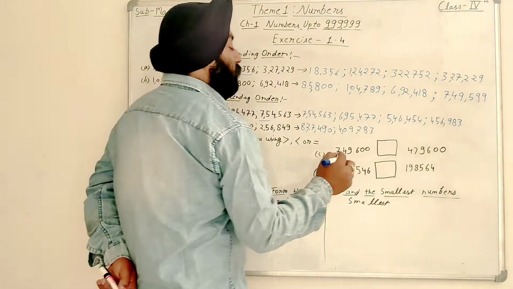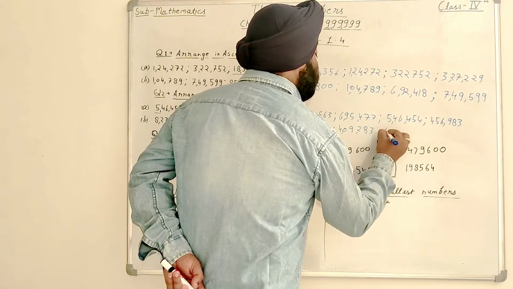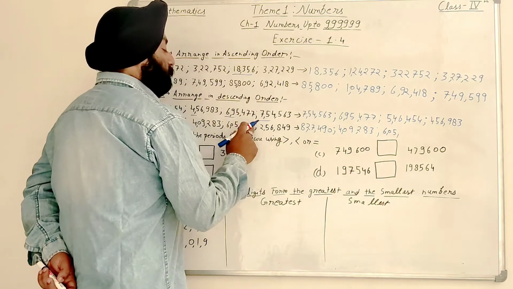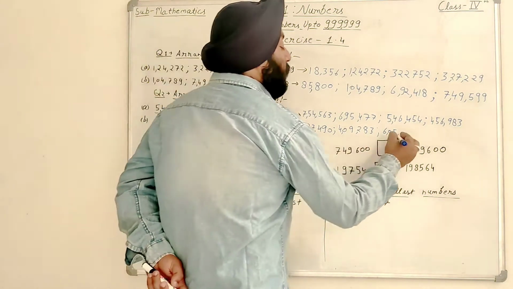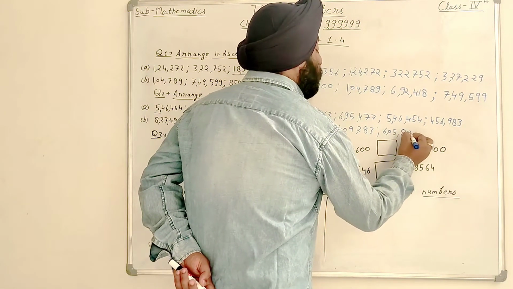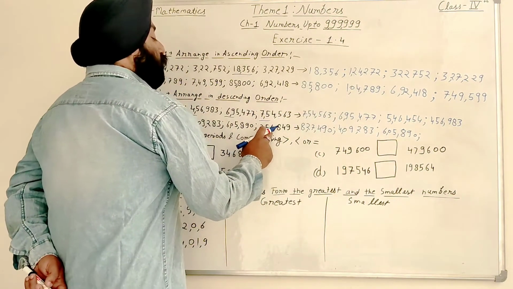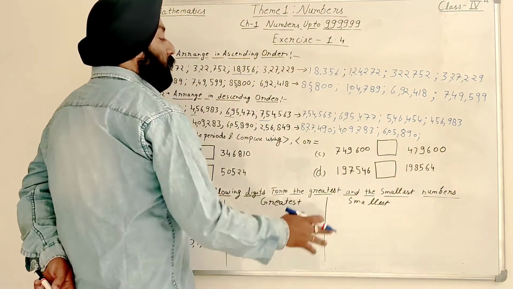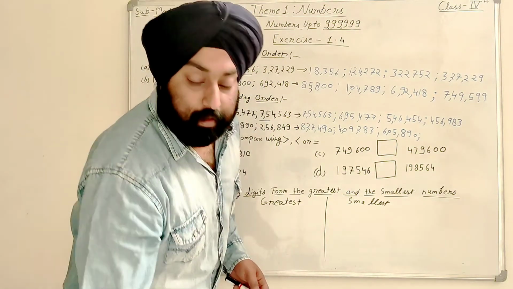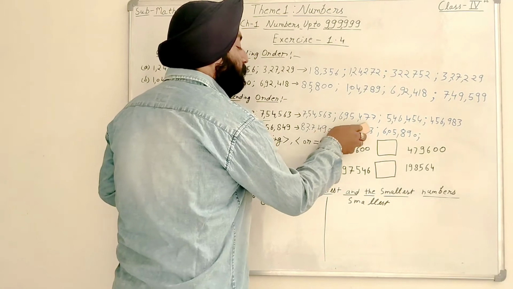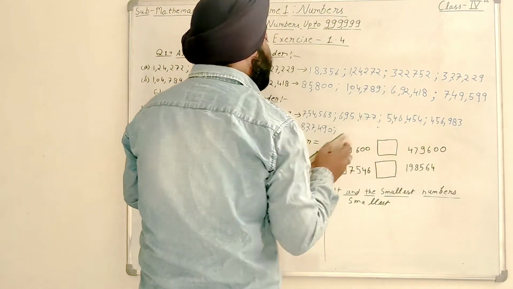Then 6,05,890. Then 2 lakh 56,000. Oh, sorry, students. 6 lakh is greater than 4 lakh.